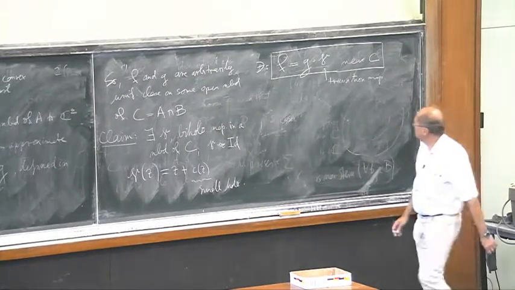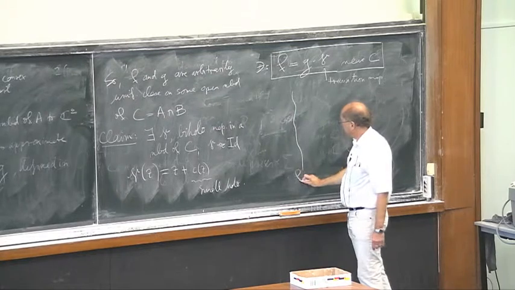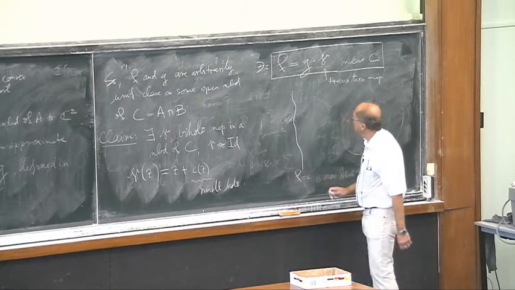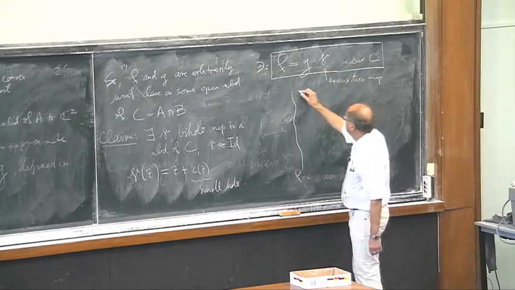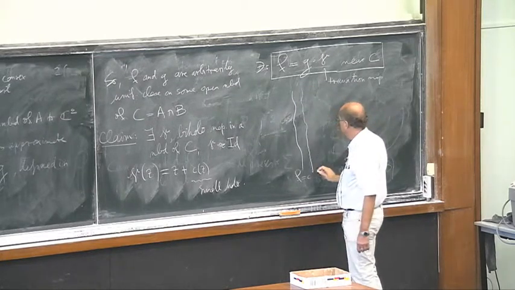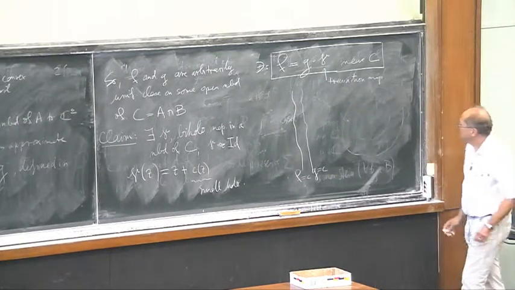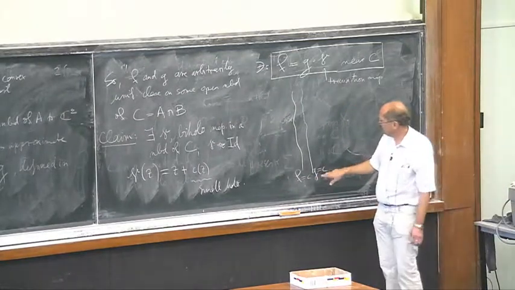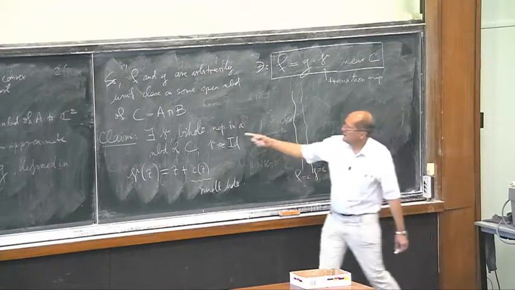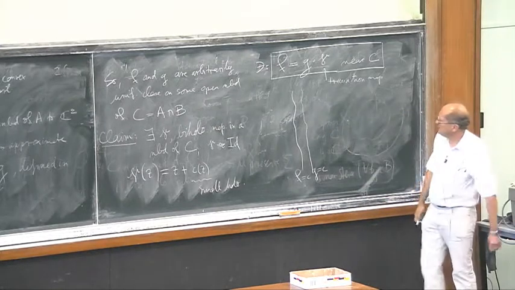But the idea for this is really simple. Namely, think of level sets. Let's say here is the level set F equal to something. And then I have a level set G equal to the same thing, and they are close. And these level sets are smooth. So the level sets of F and G, and I'm just looking at the neighborhood of this set, are smooth submanifolds and close to each other.